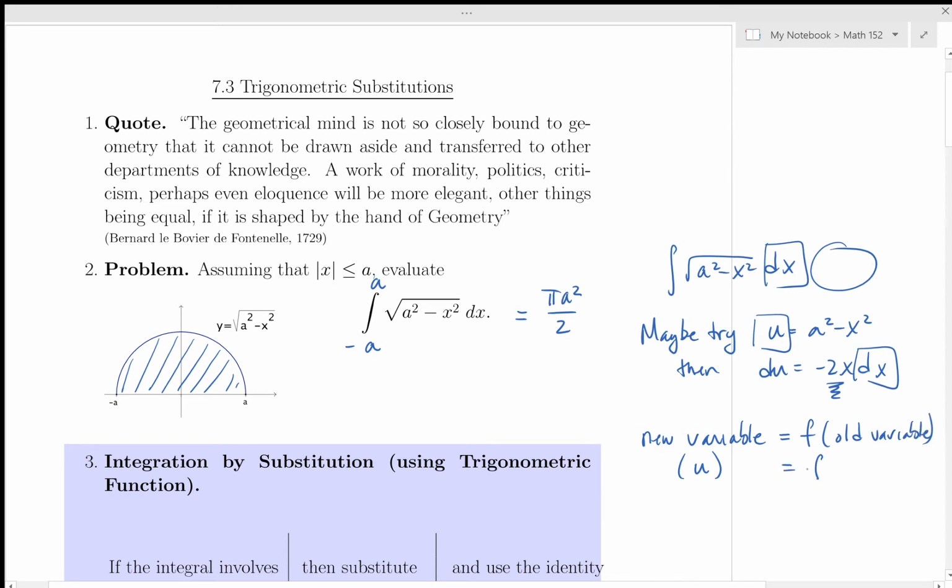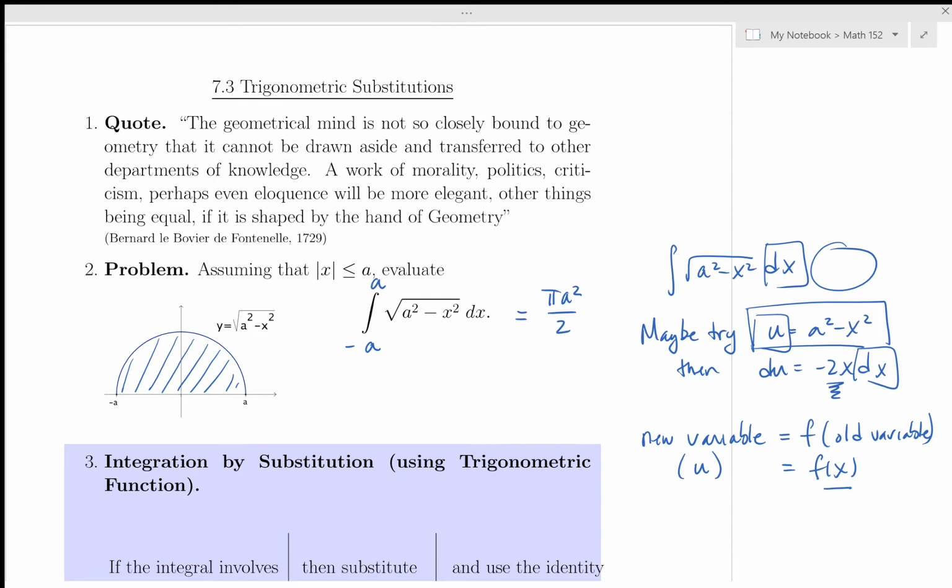That is what we tried here: u equal to a squared minus x squared. What we're going to do with this type of substitution is what we call an inverse substitution, which means we actually put our old variable equal to a function of our new variable. We're going to see how that happens.